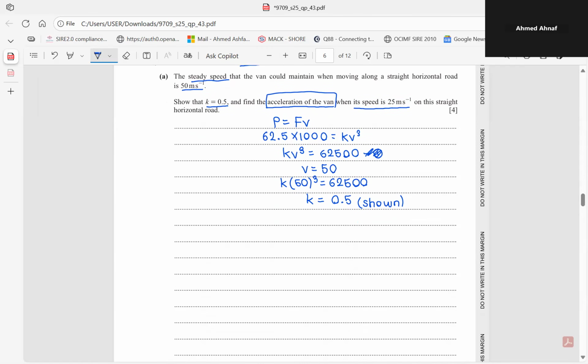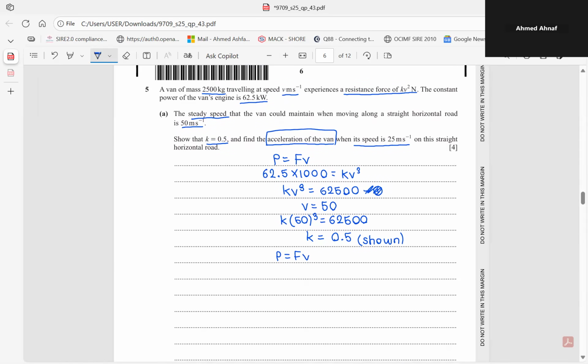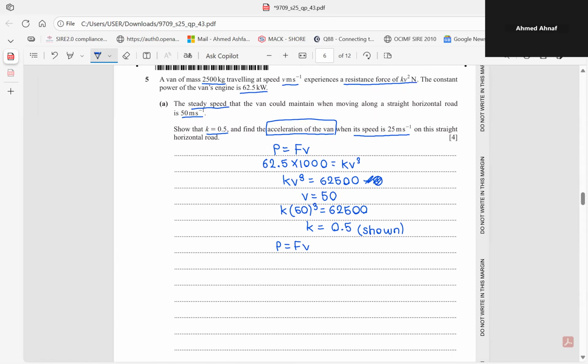So again, we're going to use this formula, P equals FV.